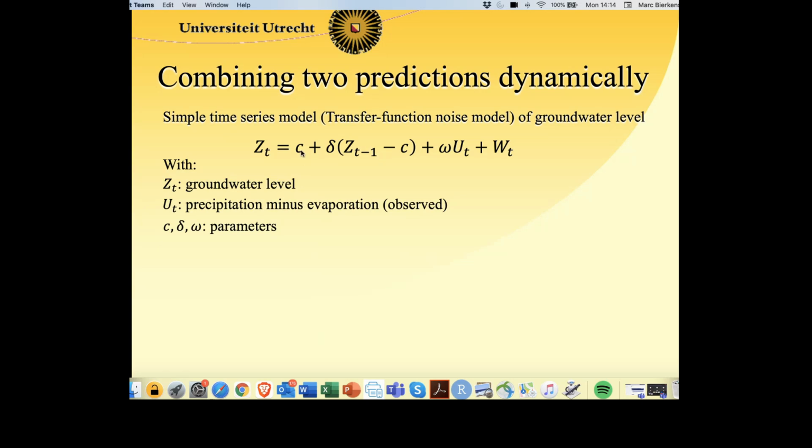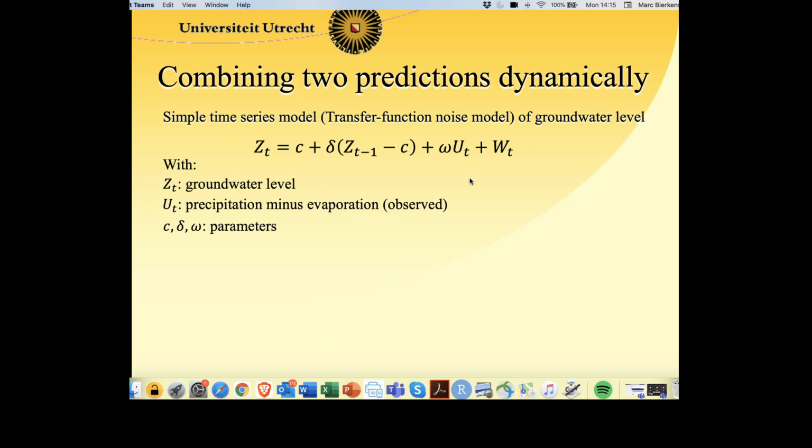So you can see we first subtract the mean before we apply this transfer function noise model. It has one exogenous moving average term, which in this case is precipitation minus evapotranspiration. Maybe it could also be potential evapotranspiration as a proxy. So that's U. And then we have some noise. So this is nothing more than a transfer function noise model.